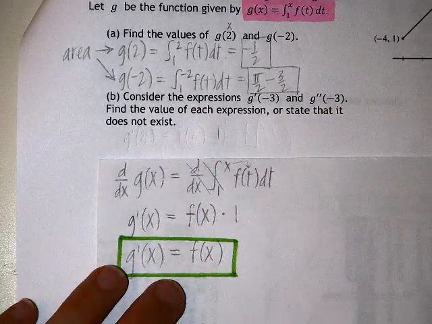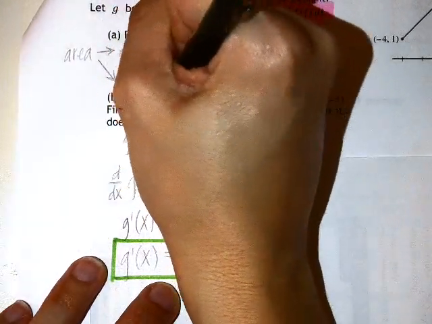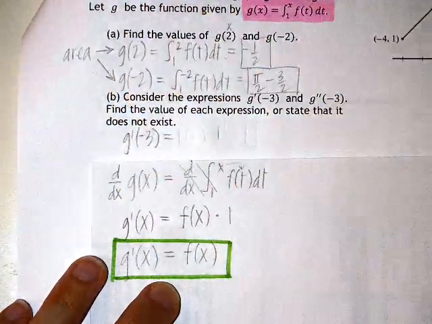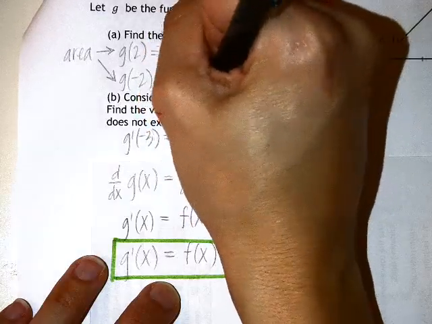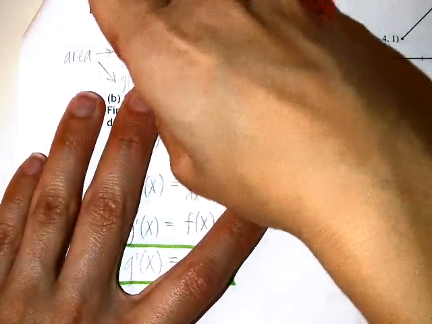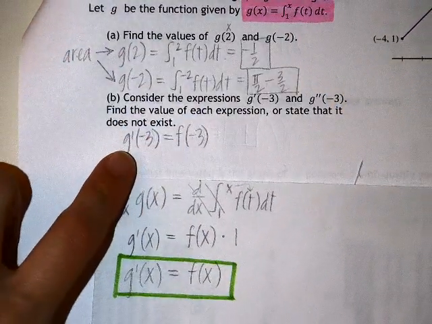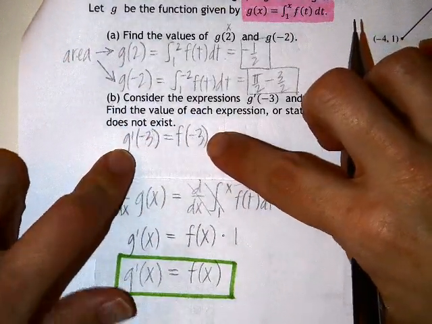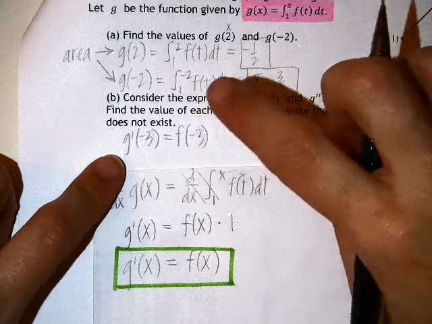If this question wants us to find G prime of -3, they're really asking us to find f of -3. And we don't have to actually do anything with G prime specifically. We can train our attention instead to the f graph because we know something about the graph.